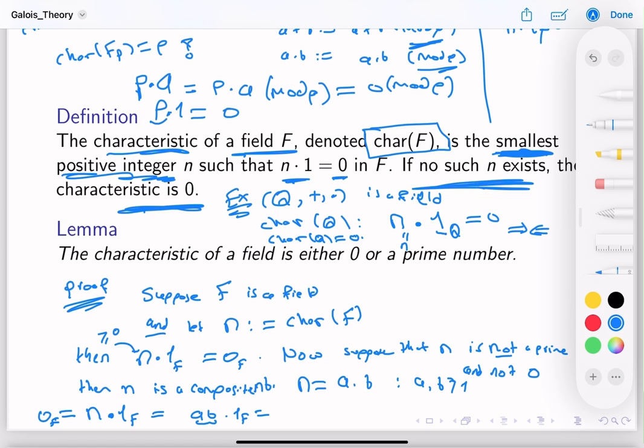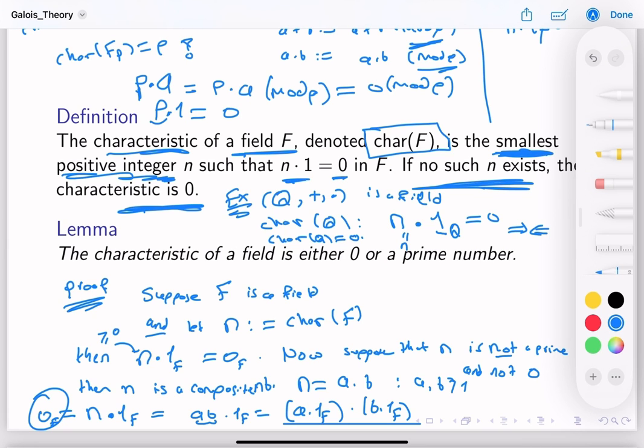We know that we have distributivity, so we can rewrite this as a dot 1_F times b dot 1_F. Once we've done that, we notice something: on the right hand side, a dot 1 times b dot 1 is equal to 0. But in a field, this cannot happen.